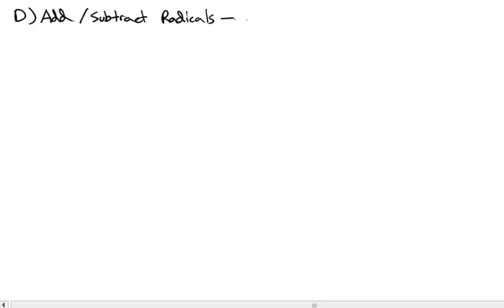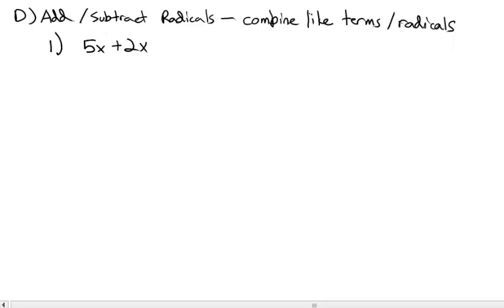Well, this is basically going through the exercise of combining like terms, or in this case we're going to call them like radicals. Just like if I had 5x plus 2x, we would pretty quickly say that was 7x by combining like terms.